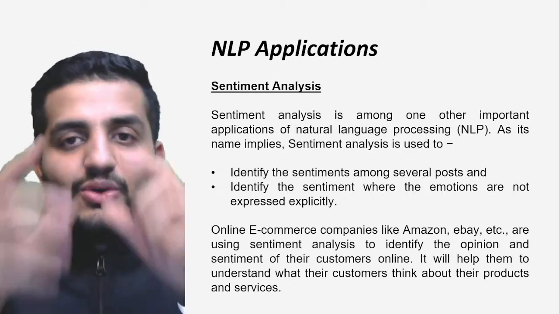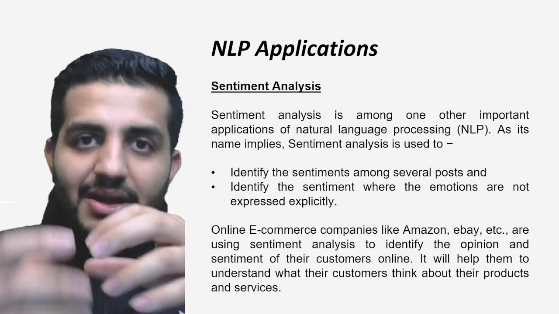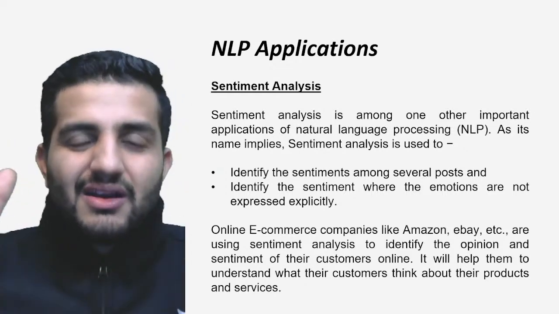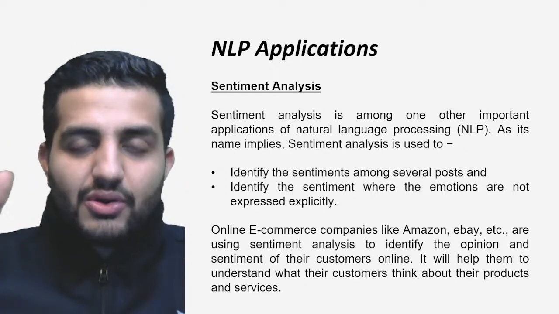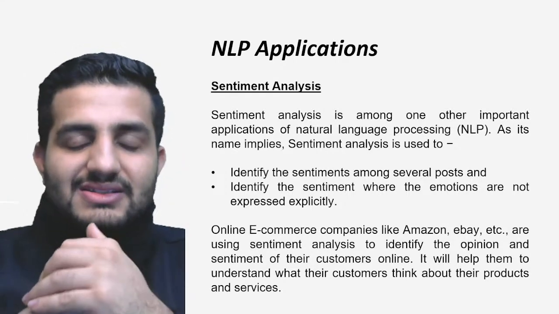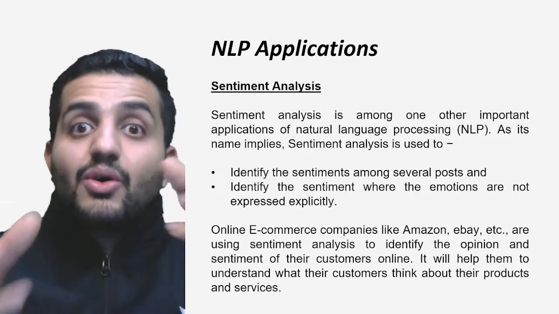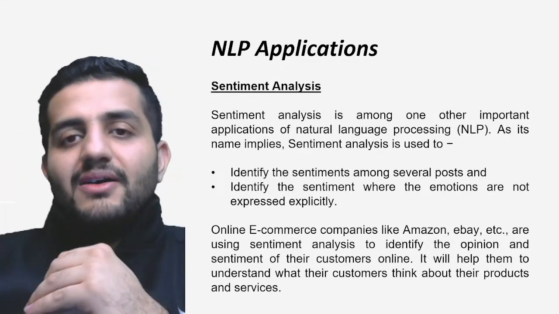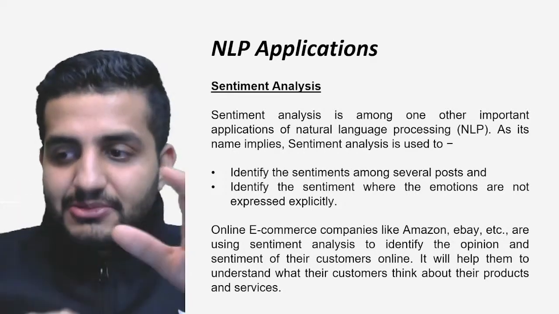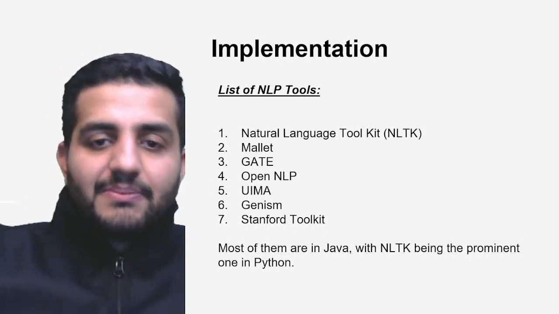The third is identifying the meaningfulness, like the dictionary meaning, and understanding whether it makes logical sense, taking the sense out of your sentences. That's your semantic analysis. The last is pragmatic analysis, understanding the context of your sentences. So these 4 steps become very important, and that's where your sentiment analysis can be built up.